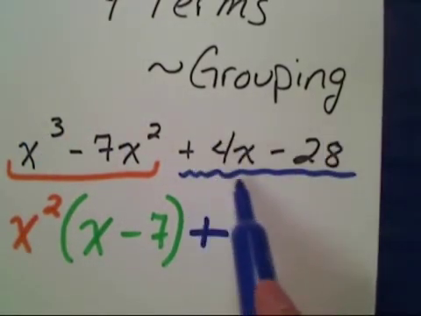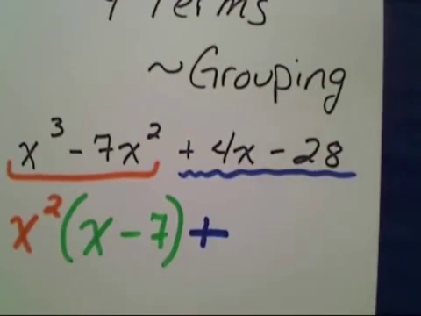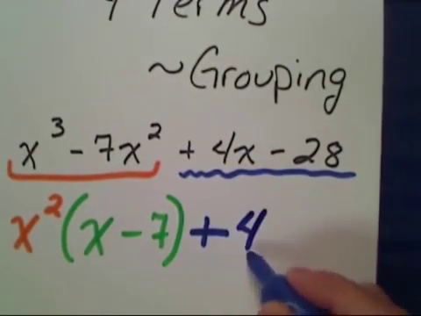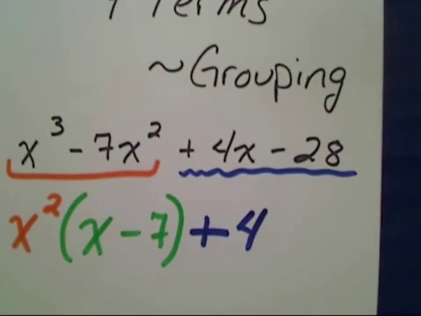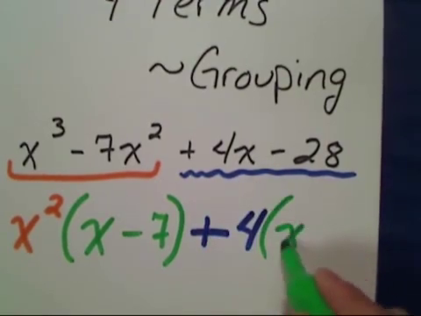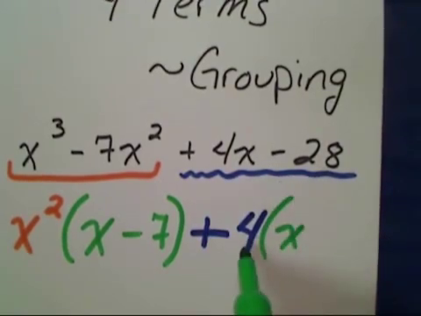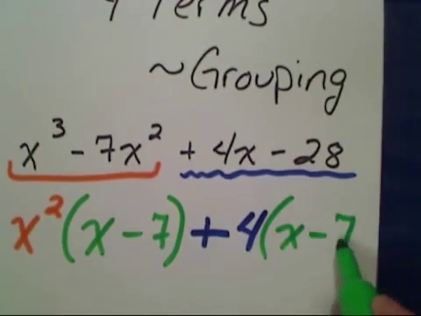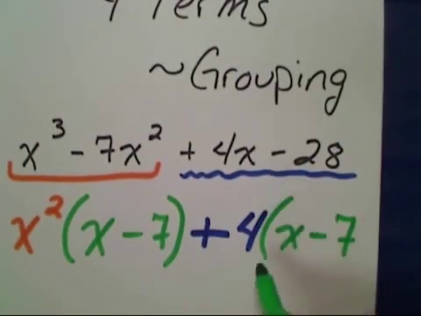Now I'm rewriting these 2 terms as a single term, taking out the greatest common factor of 4. If I take out a greatest common factor of 4, what am I left with? Taking the 4 out of here, I just have the x. 28 divided by 4 is 7. Nothing switched my sign.